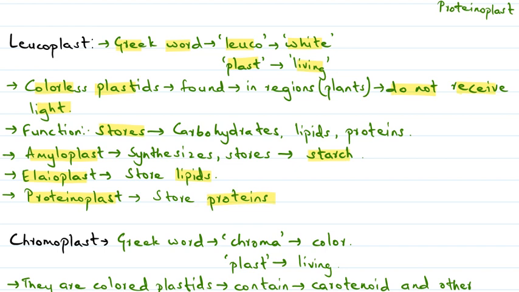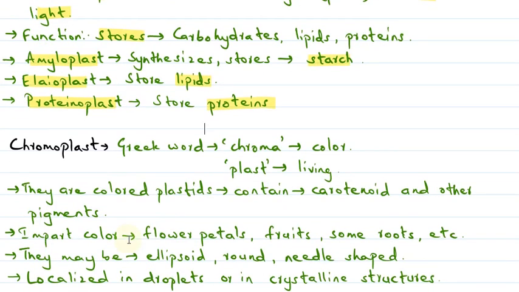Then we also discussed chromoplast. Chromoplast is derived from Greek words where chroma means color and plast again means living. So these chromoplasts are colored plastids. They contain carotenoid and other pigments.